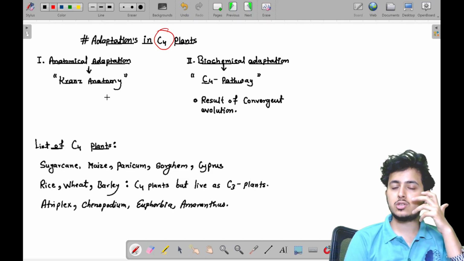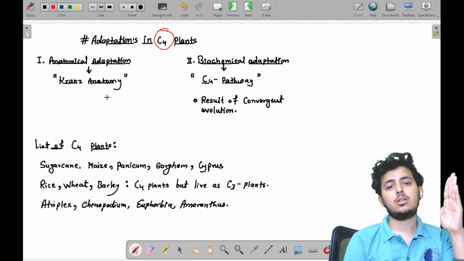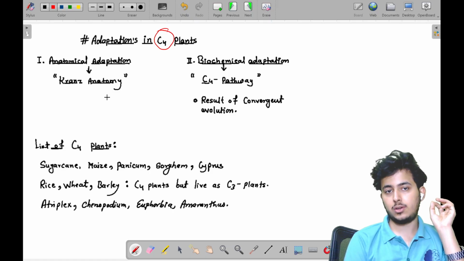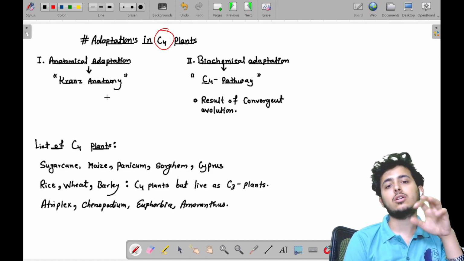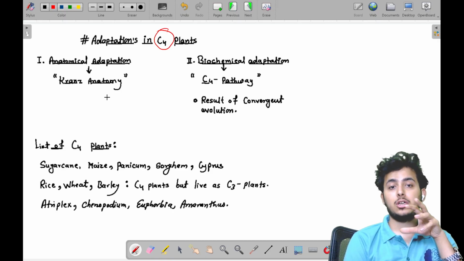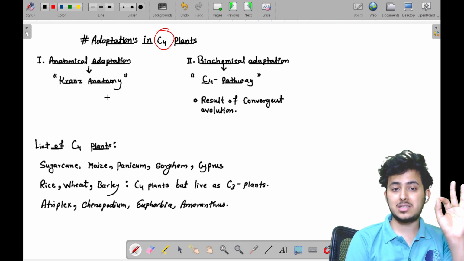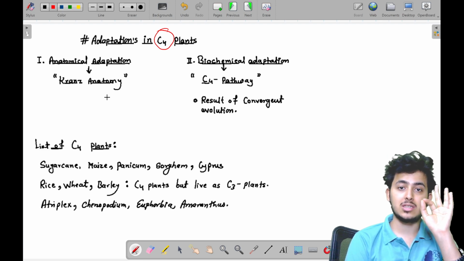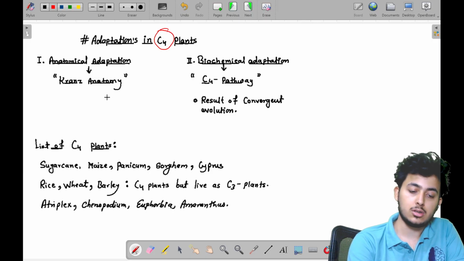So the C4 cycle is not a new cycle. The ultimate dark reaction is still carried out by the C3 cycle only. Only the location of the C3 cycle and the way CO2 is delivered to Rubisco is changing. Everything else remains the same. That is the most important point.